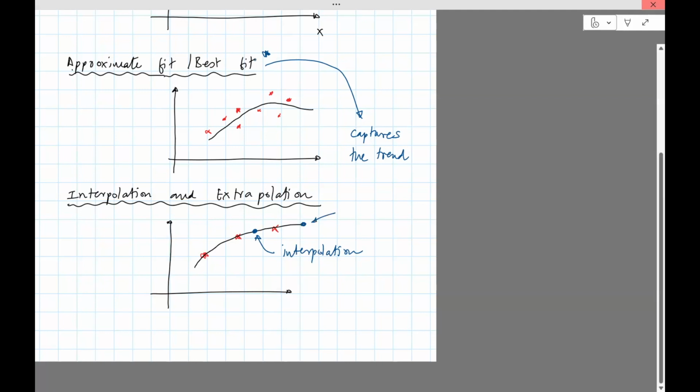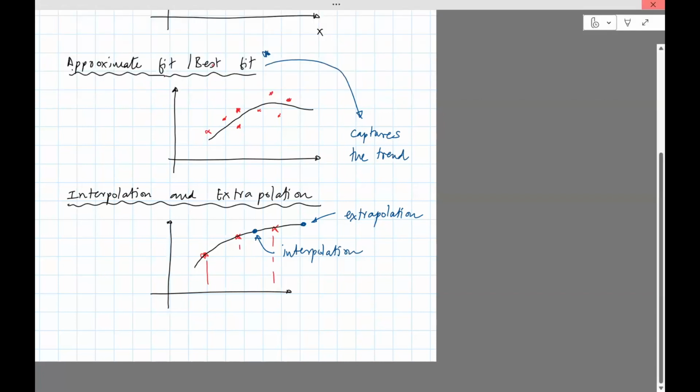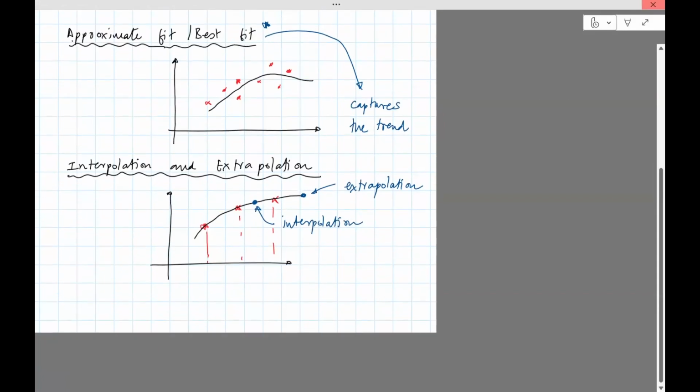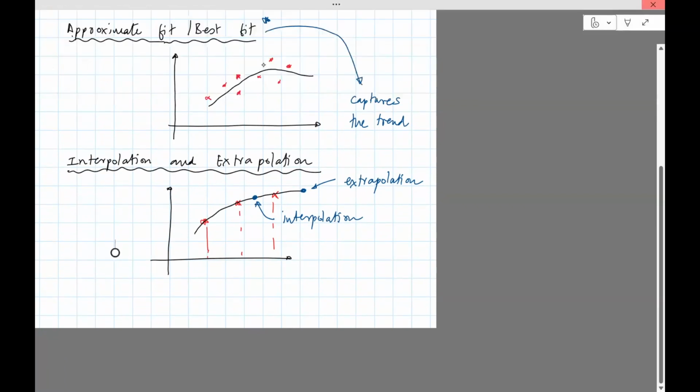That would be an extrapolation. That also can be done quite easily once you have the equation of the line.